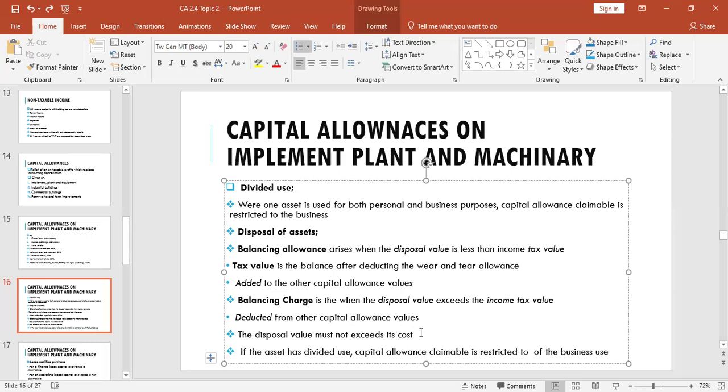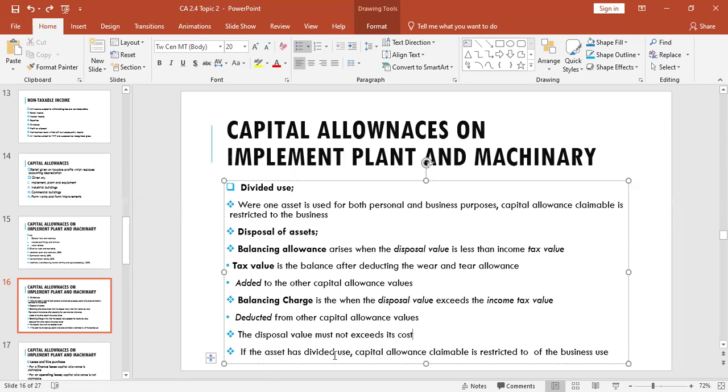ZRA says no, we need to restrict the disposal value to the cost. So if you have that scenario, then you have to take the disposal value as the cost of the asset. Then you deduct the income tax value from the residue value, which is consistent with the cost, which is just the same as the cost. Then you're going to have the balancing charge or balancing allowance depending on the particular situation.